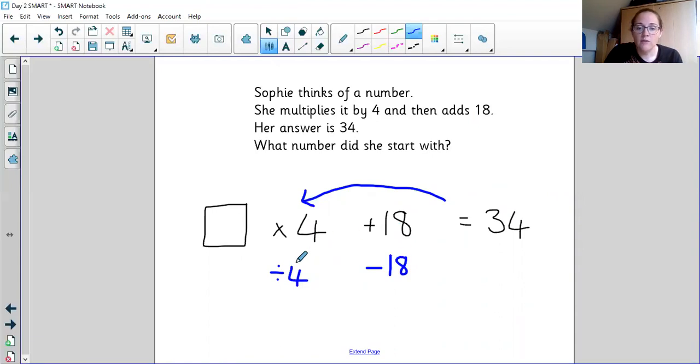Then I divide by 4. Oh, I know 16 divided by 4, it's 4, because I know that 4 times 4 is 16. So Sophie's original number was 4. Let's check it. 4 times 4 is 16. Add 18 is 34. Brilliant.